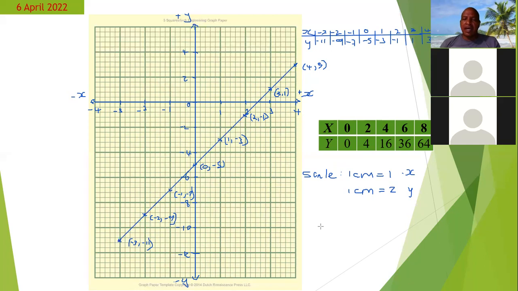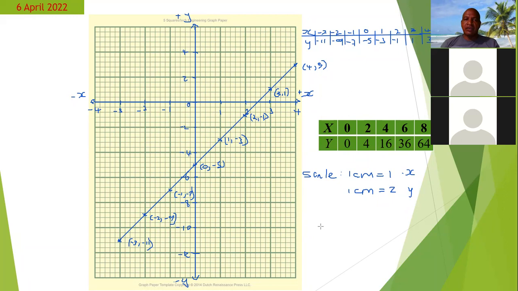So what I'm going to ask you guys to do now, I want you to use your graph paper and draw this graph on the graph paper. When you finish drawing the graph, I want to see a picture of it. Take a picture of it and send it in the WhatsApp chat so that I can look at it.